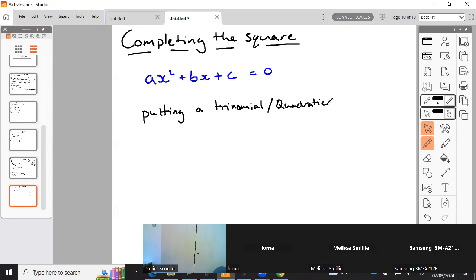So I'll keep saying trinomial, I'll keep saying quadratic. So putting a trinomial quadratic into the form of (x plus p) squared plus q.